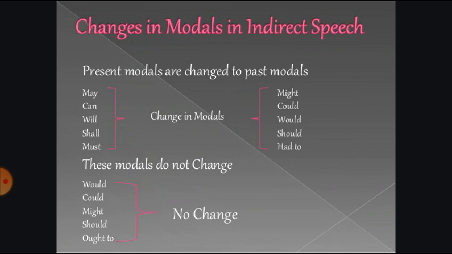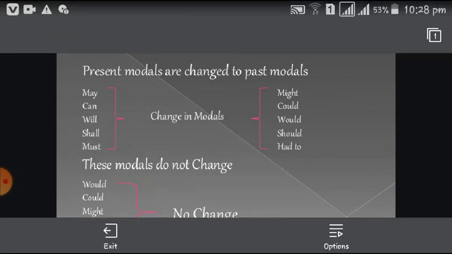So dear student, even in the last class, we have talked that even modal verbs can be changed, and we have studied about that thing. So there is no need of talking about these modal verbs whenever changing from direct speech to indirect speech.